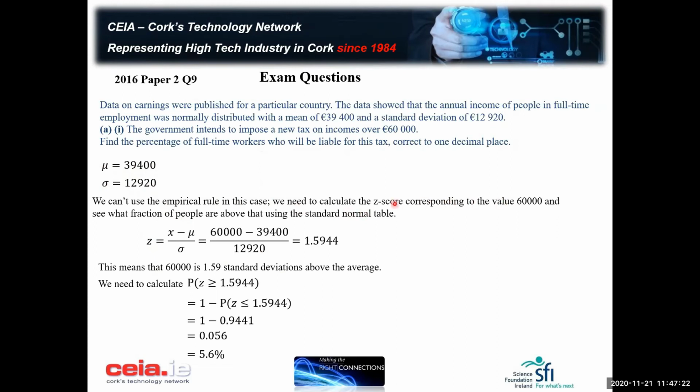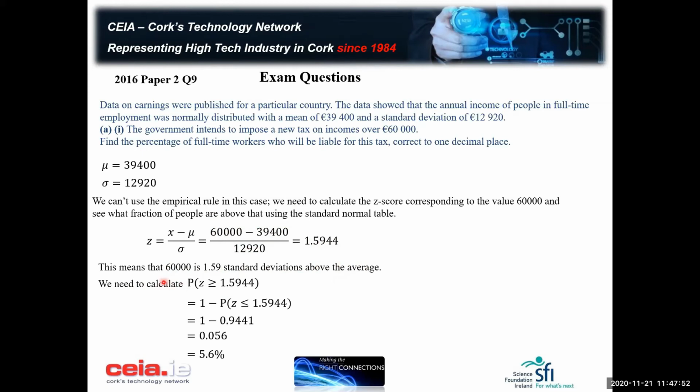We want to calculate the Z-score that corresponds to 60,000 in order to see what fraction of people are above that. So work out the Z-score: it's X minus mu over sigma, 60,000 minus 39,400 over 12,920. We get a Z-score of 1.5944. Another way of stating that is that 60,000 is 1.59 standard deviations above the average.